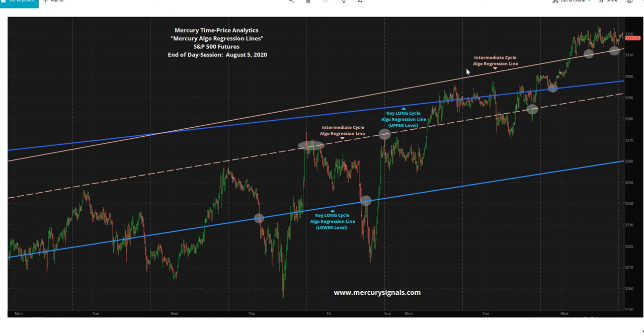When algos probe the upper end of the range and the lower end, and when they don't find stops to consume, like little Pac-Man or Ms. Pac-Man, they take it back the other way, and they start probing the other direction. And so you had a little test above the low 33.60s.